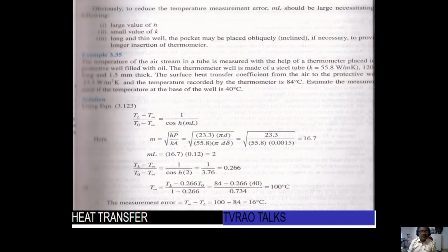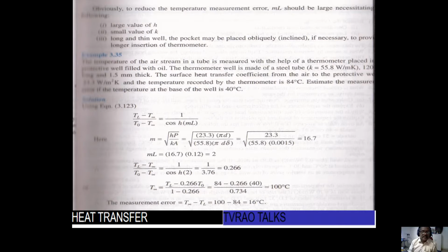So error measurement is nothing but T infinity minus TL. So T infinity minus TL, or TL minus T infinity, will be considered the error measurement. T infinity we calculated, and TL has already been given, that is 84 degrees centigrade.